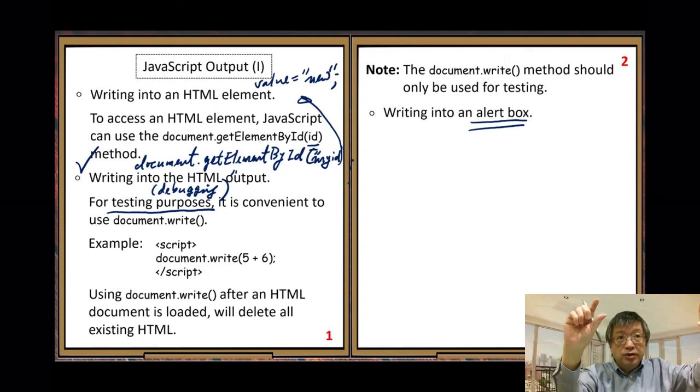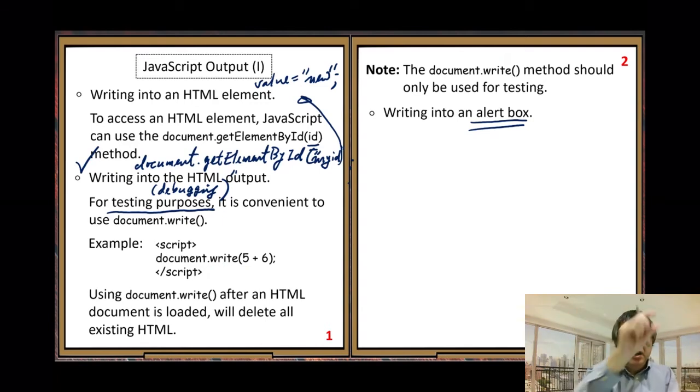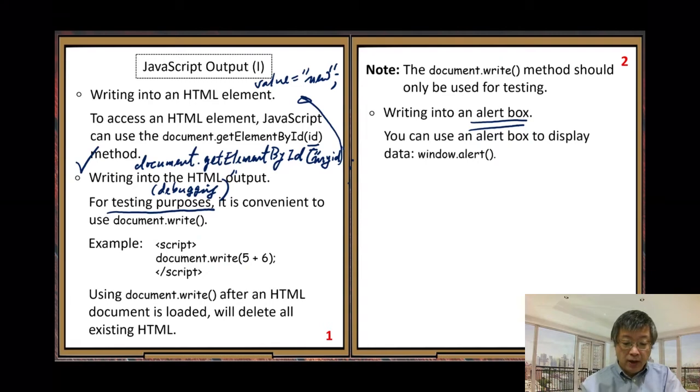In that information, you can display intermediate data values for some variables, right? So you can still get information in debugging and testing. All right, here, let's look at an example. You can use an alert box to display data this way.